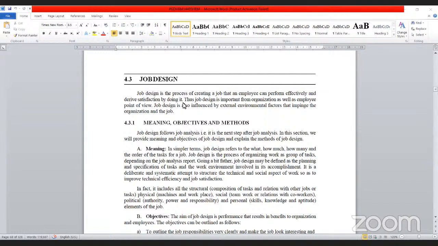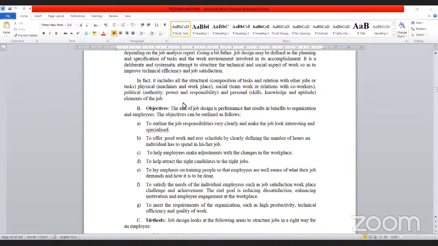So basically, job design is how well the organization is able to have a point of view about a job, influenced by the process of organizing a group of tasks, understanding its environment and the social aspects, the technical aspects. So how efficient the systematic attempt is, which includes all these things: personal, social, physical and political elements of the job.